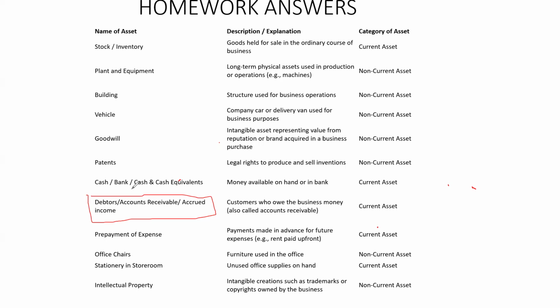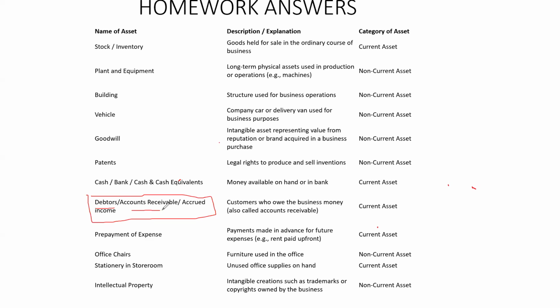So the moment a customer comes and buys products from you, but does not pay you the money right there and then, that customer is known as a debtor, someone who owes the business money, or is known as accounts receivable. Those words are used interchangeably. A debtor or accounts receivable. It means it's an account that someone opened that you as the business are going to receive in the future.